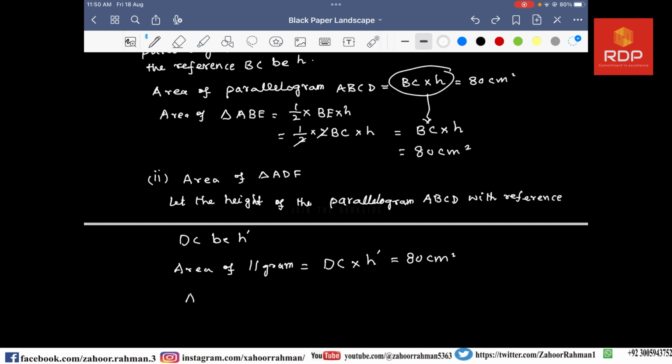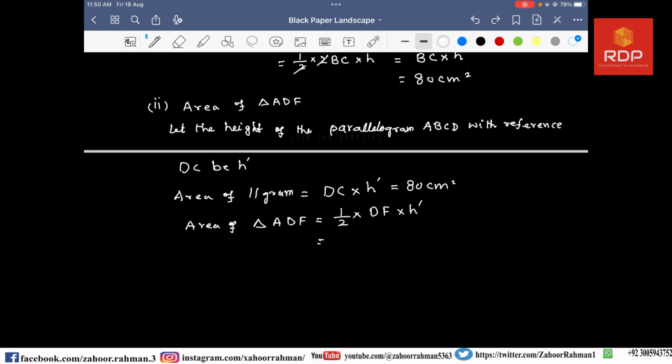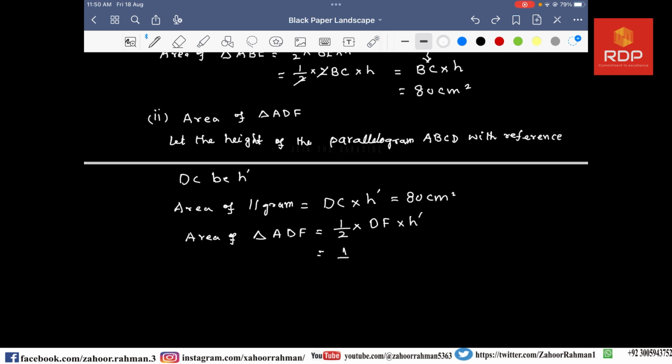Now we have to find the area of triangle ADF, which is our actual goal, and that will be equal to 1 over 2 into base, that is DF in this case, into H dash.